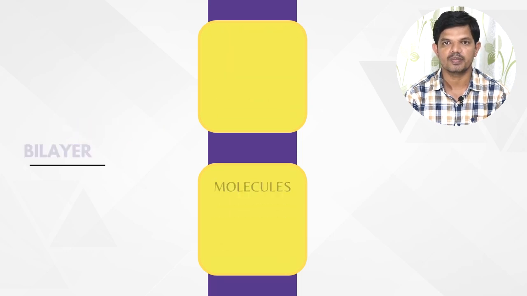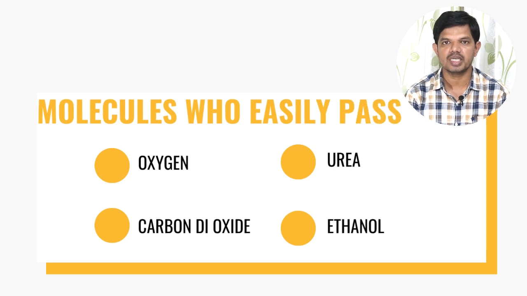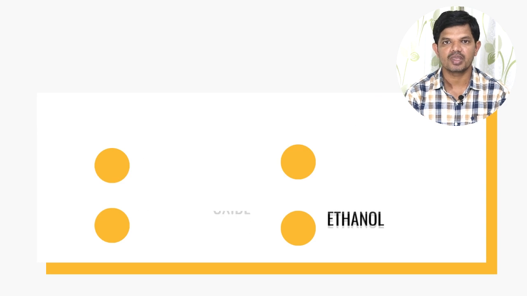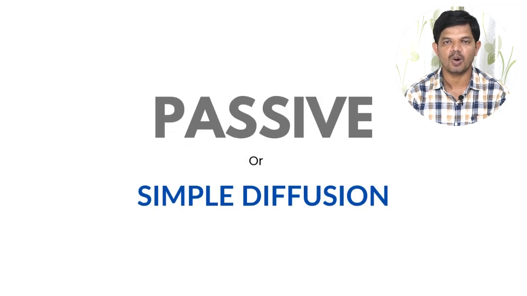and water. Now, molecules such as oxygen, carbon dioxide, and small uncharged polar molecules such as urea and ethanol may pass without any difficulty, and this is known as passive or simple diffusion.